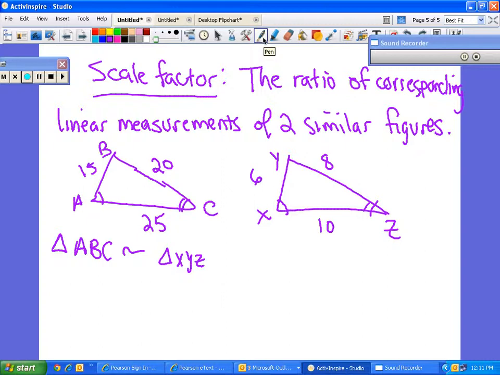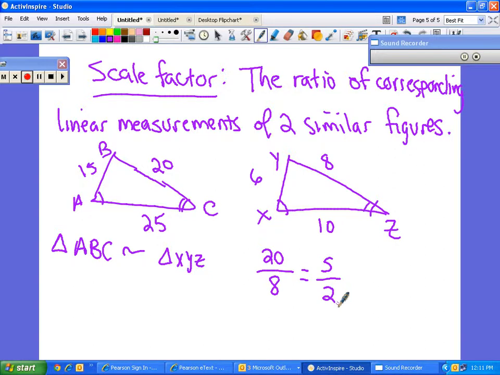Alright, now, when we talk about the scale factor, what we're doing is we're comparing sides of the two different triangles. So if I look at sides BC and YZ, the length of BC is 20, and the length of YZ is 8. I can simplify that, divide everything by 4.